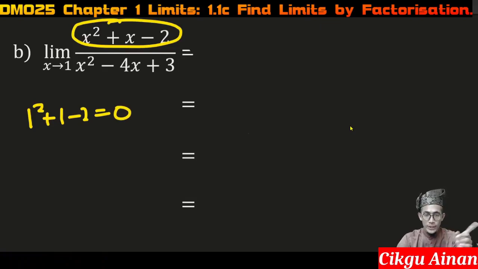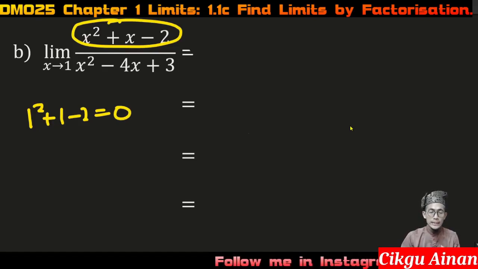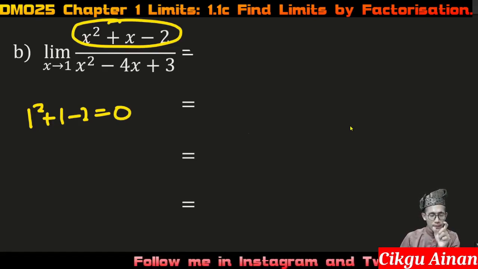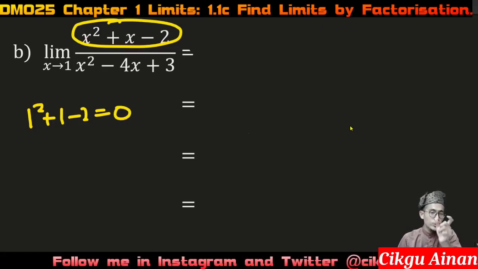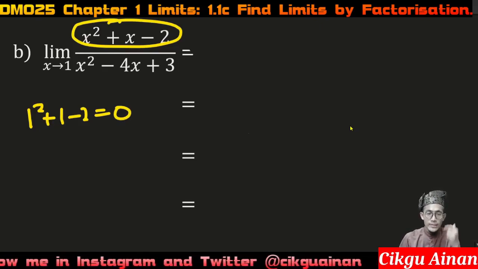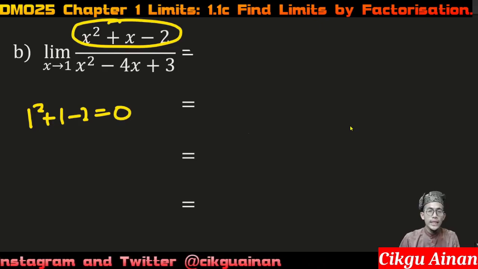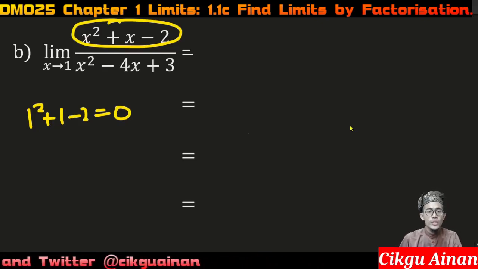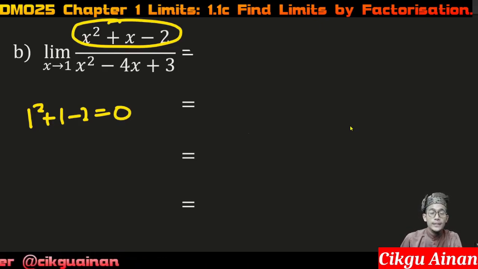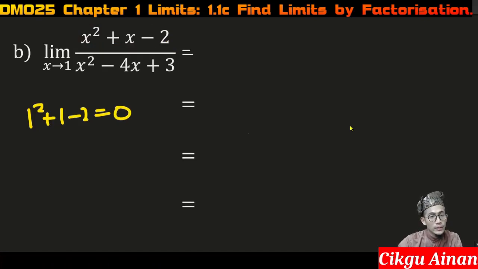So as I said at the beginning of the video, if we have a rational function and we can mentally calculate the limit of the numerator and denominator and get 0, it is advisable we use the factorization method first.